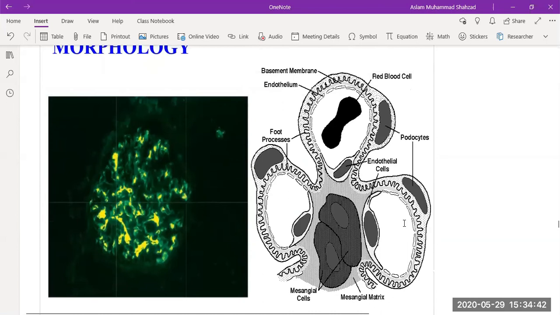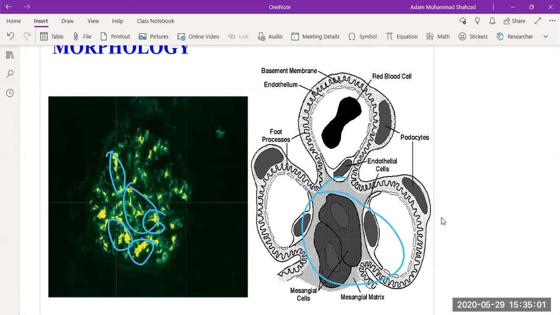This is another picture of morphological characteristics, and if you take a look at the fluorescent sections, they indicate the abundance or presence of IgA, usually deposited in the mesangial matrix. So you can see it is present between the mesangial matrix or inside the mesangial cells.